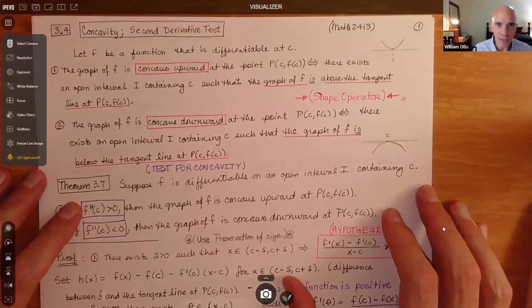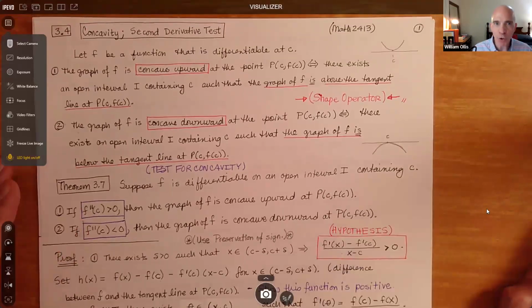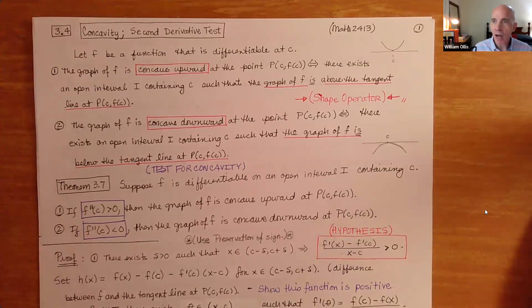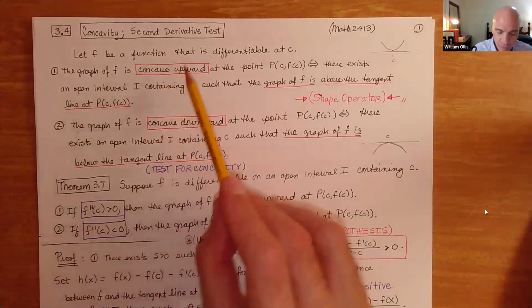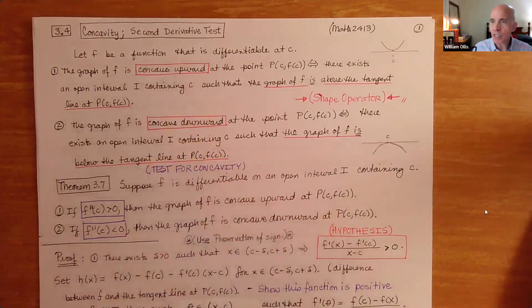Just like with all of the newer constructs, we have terminology that we need to set forth and use as we communicate. But I don't think you'll find any of this to be overly complicated. Now, first, we want to speak about what it means to have an upward concavity and a downward concavity.